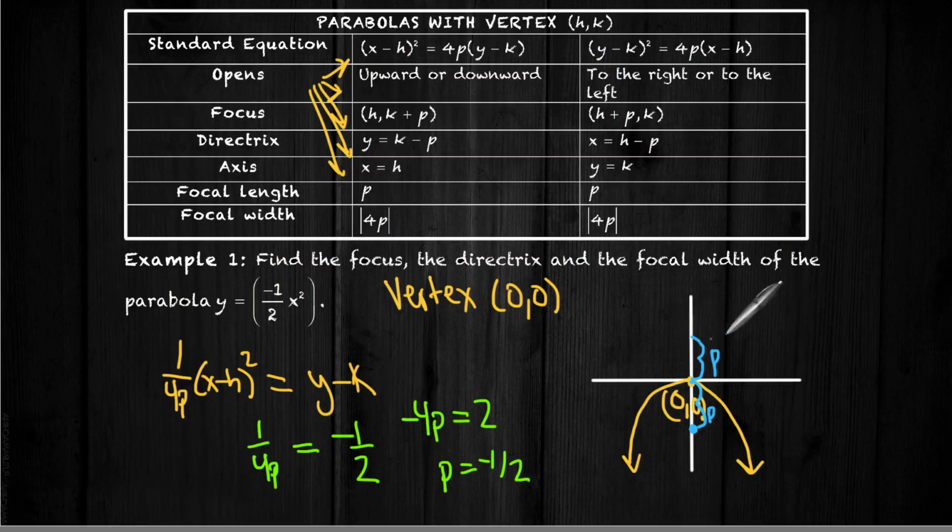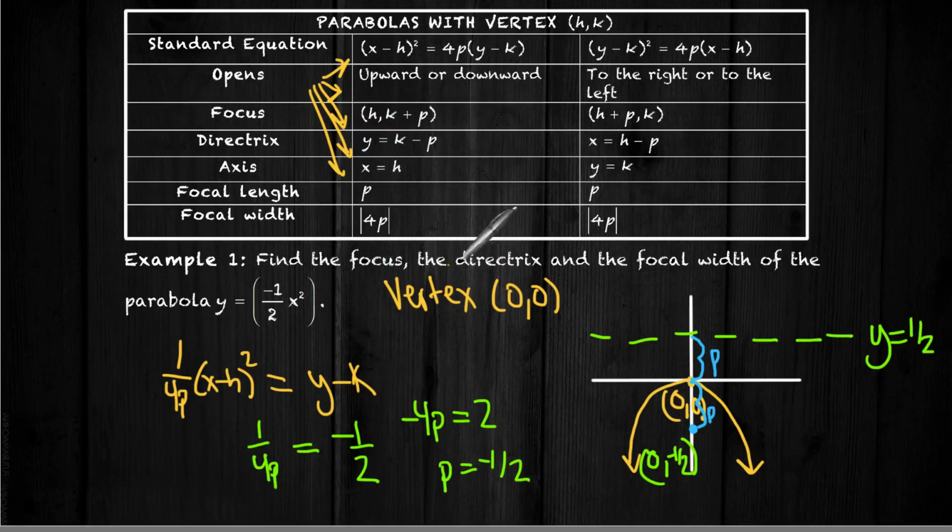The directrix is some line outside the parabola. So the directrix is simply going to be the horizontal line that goes through that point. So that's going to be y equals 1/2, because p is -1/2, so it's going to be a half up from the vertex. And then the focus is simply going to be 0, -1/2. And so that's going to be your focus.